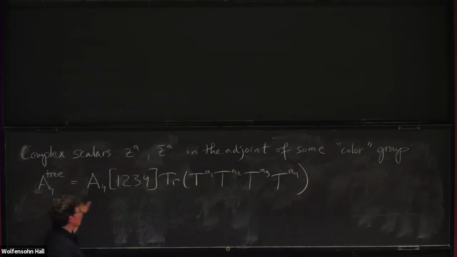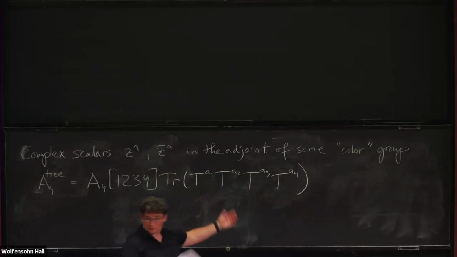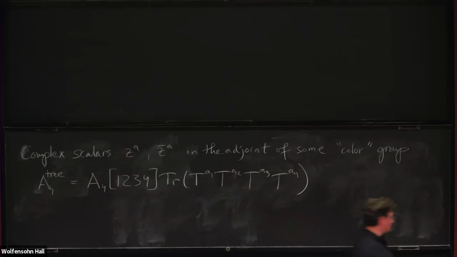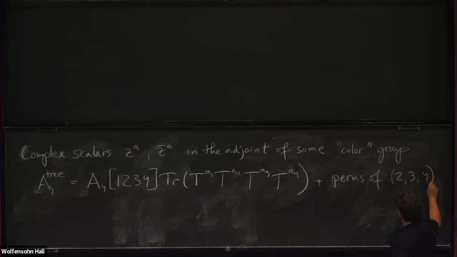Here is one ordering of the trace. For the whole amplitude, you have to take all orderings of the trace. These are generators of my color group. And because the trace is cyclic, I only have to sum over permutations of lines 2, 3, and 4.